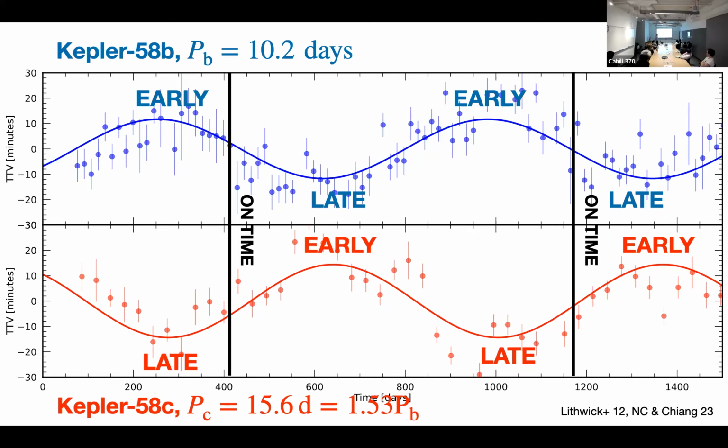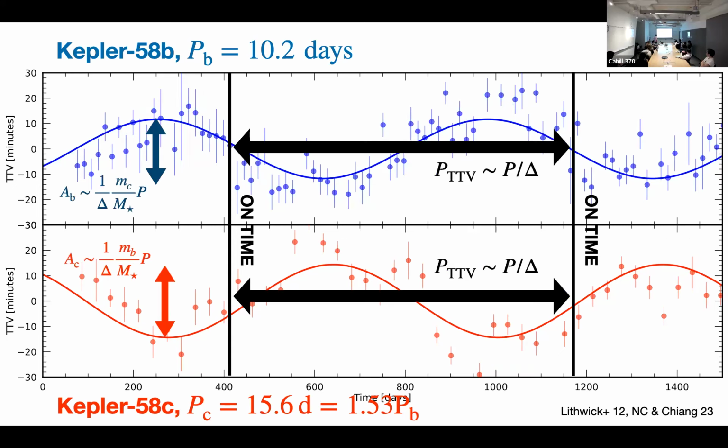These are sine waves, so they have amplitudes and periods attached to them. Both the amplitude and the period scale as 1 over this delta parameter. This is why we only detect TTVs for objects which are very close to resonance. These planets are in that resonant peak of the data, the 3 to 2 resonant peak. TTVs are amplified to the point of detectability only near resonance.